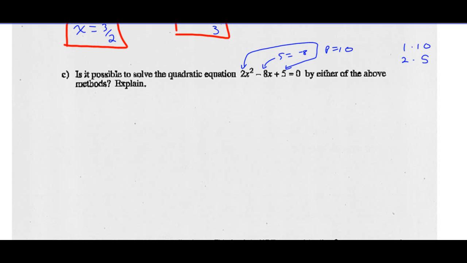1 plus 10 or 1 minus 10 will give me 11 or 9. So that's not going to give me negative 8. 2 and 5, if I add or subtract those, I'm going to get 7 or 3. That's not going to give me negative 8. So we cannot factor the left side of this equation.